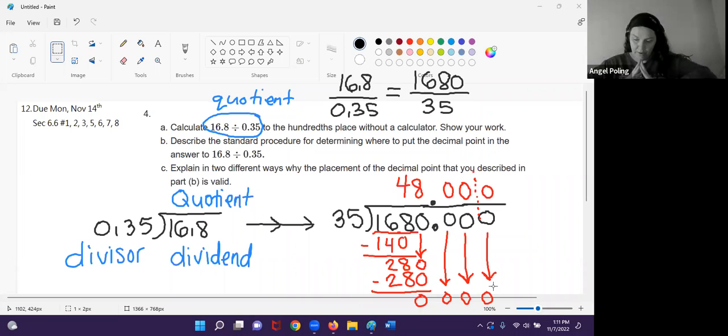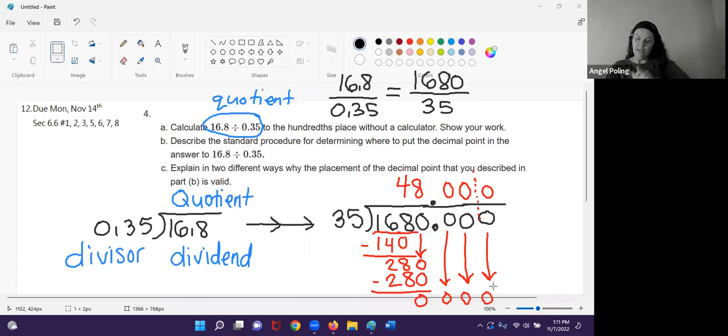Now, we've calculated without the calculator, we showed our work. We described the standard procedure for determining where to put the decimal point in the answer. You lock it in this location. We set that up as we were describing going to this second visual here.